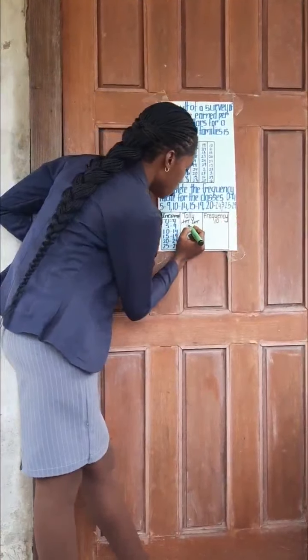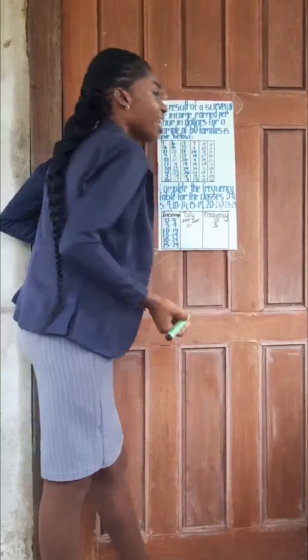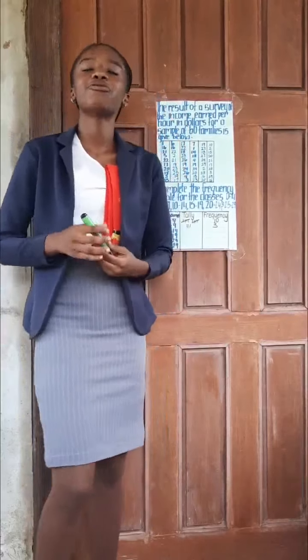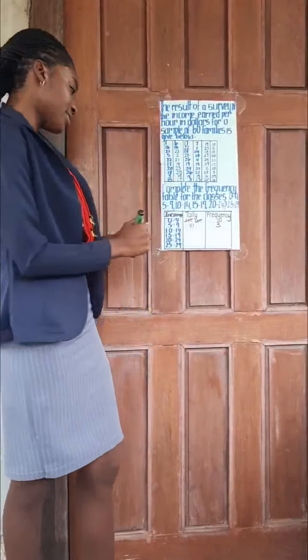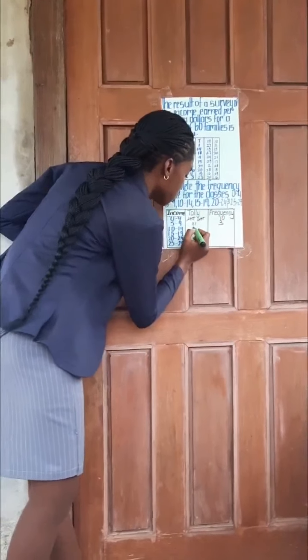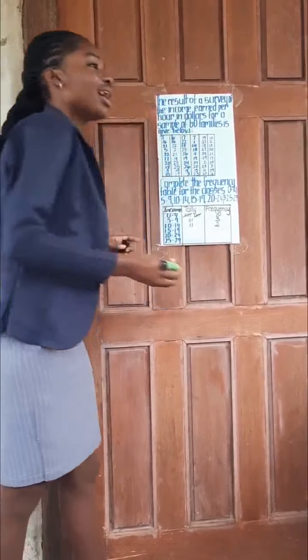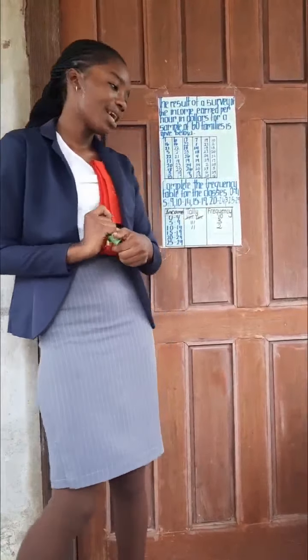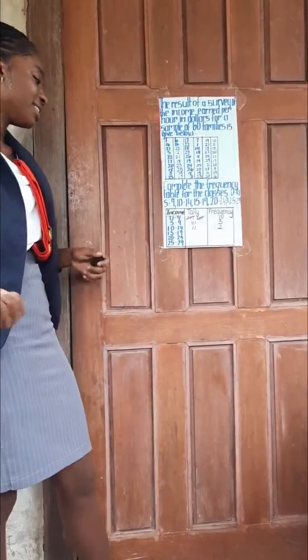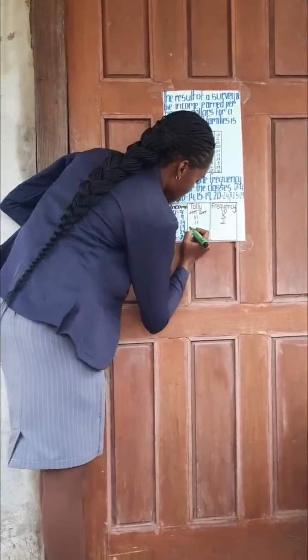So 1, 2, 3. Yes, Shania and Romel, what did you guys have for 10 to 14? 2. And Philip and Daniela, what did you guys have for your 15 to 19? 20.